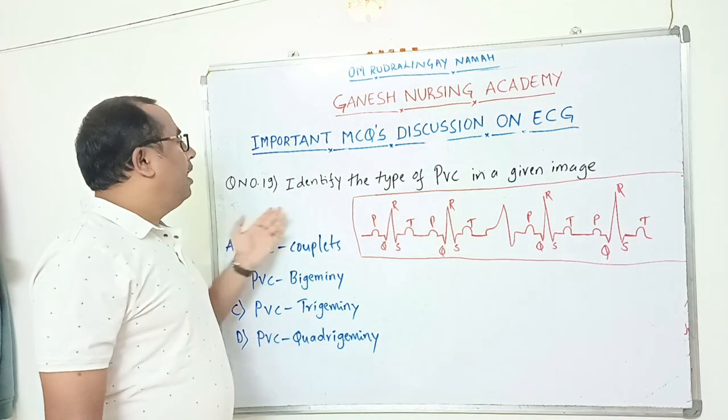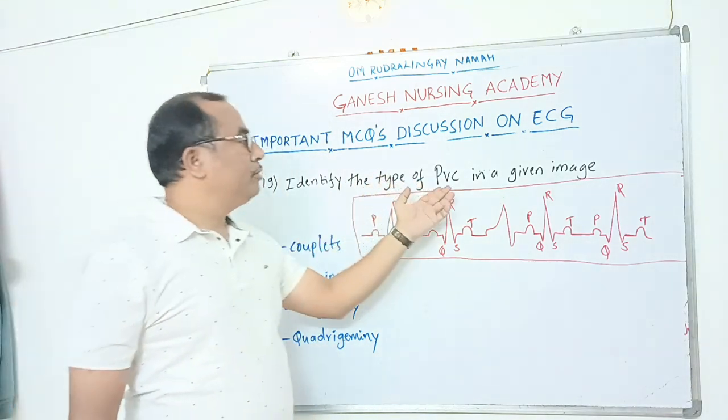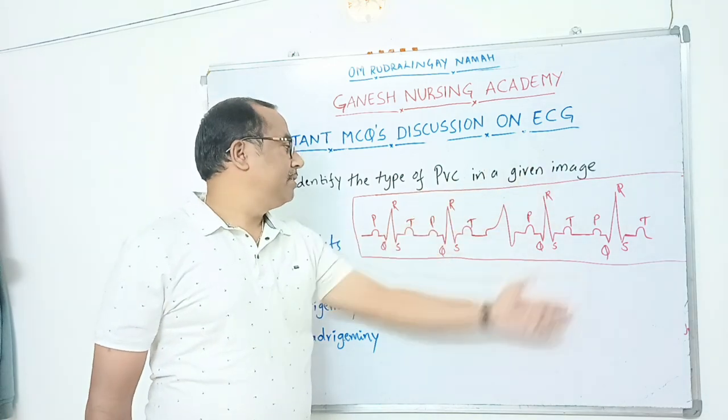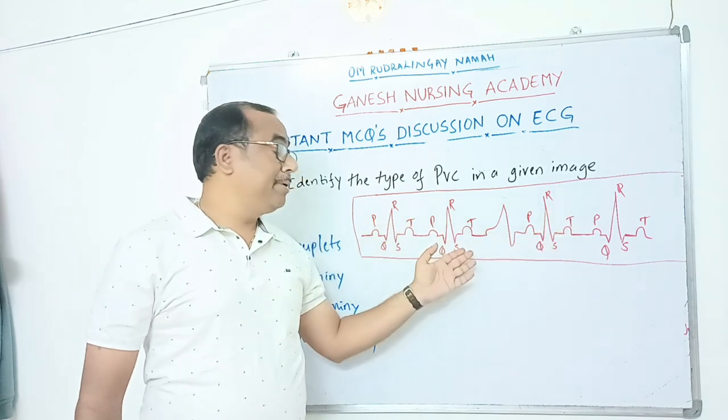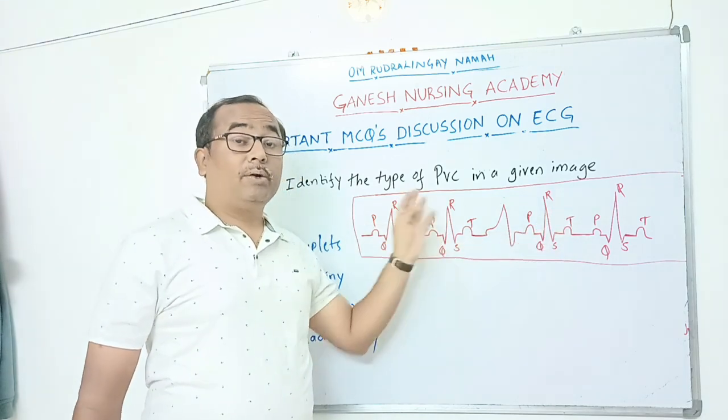Question number 19. Identify the type of premature ventricular contraction in the given image. It is an image of premature ventricular contraction, but we have to find out which type.